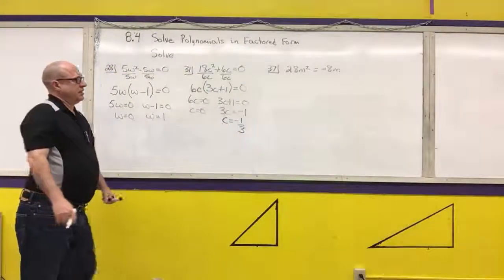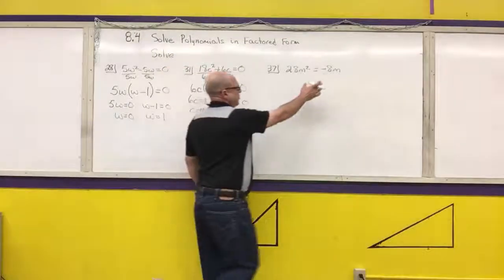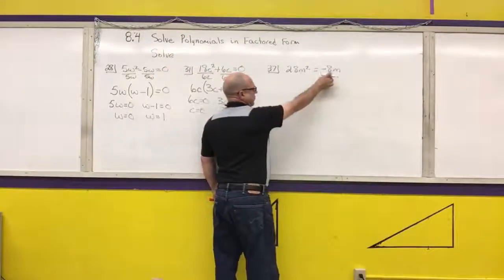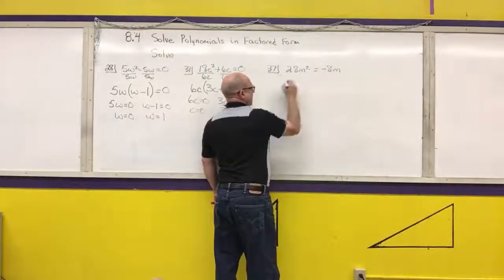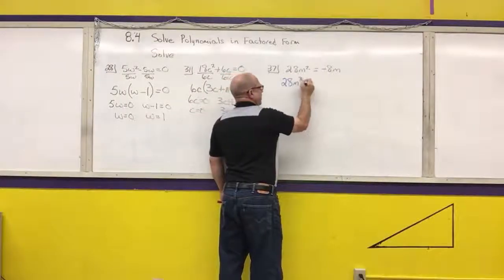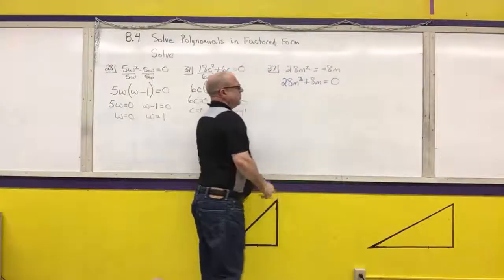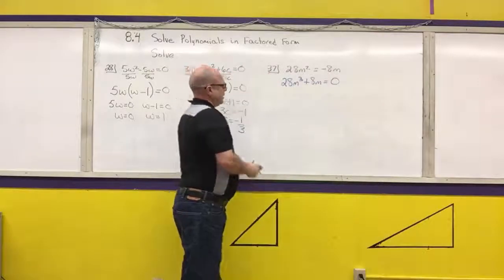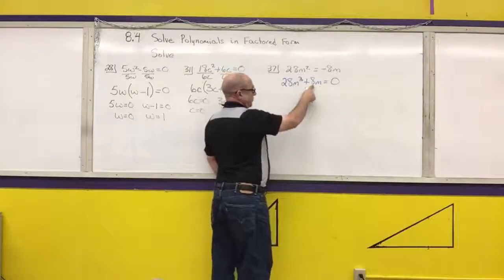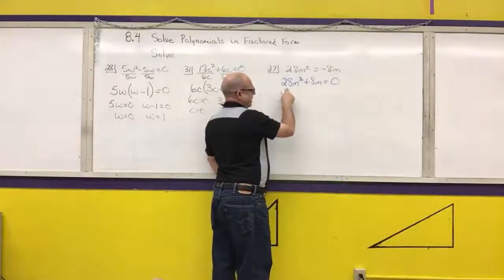For example 37, first thing I have to do is move this 8m over so I have a 0 on the other side. So I'm going to add it to both sides. So I get 28m squared plus 8m equals 0. Factor out the greatest common factor. The greatest common factor between 8 and 28 is going to be 4.